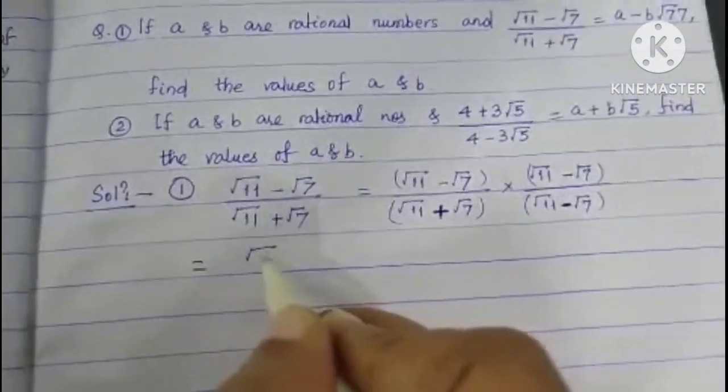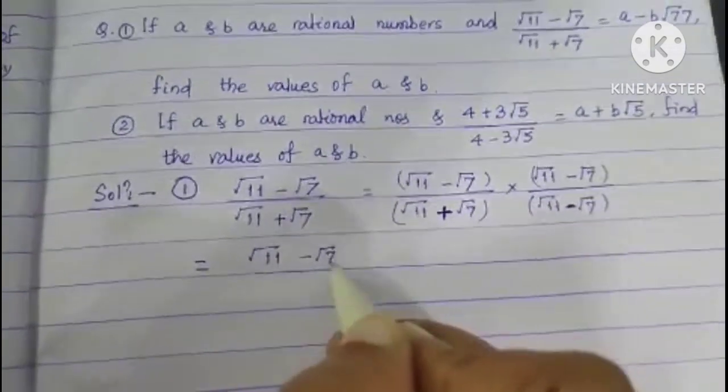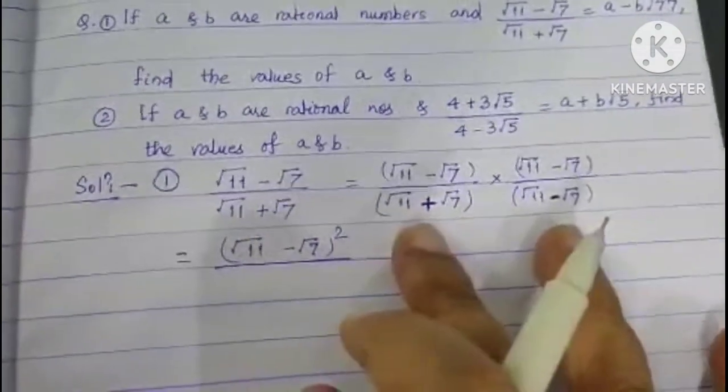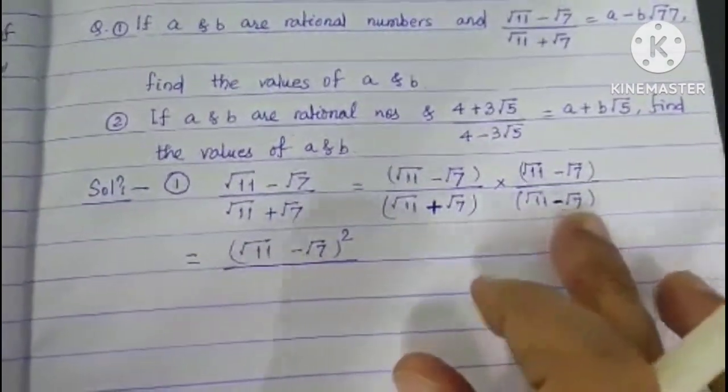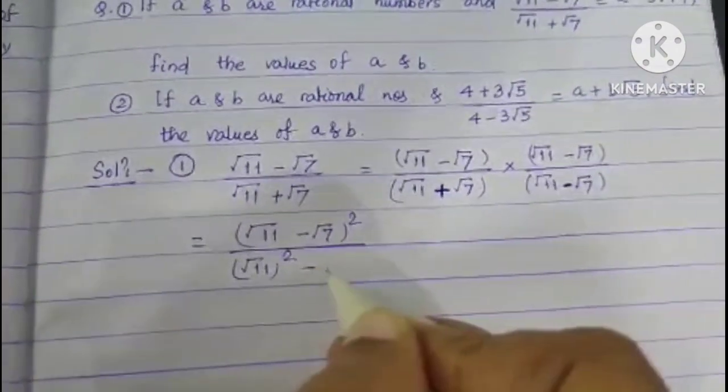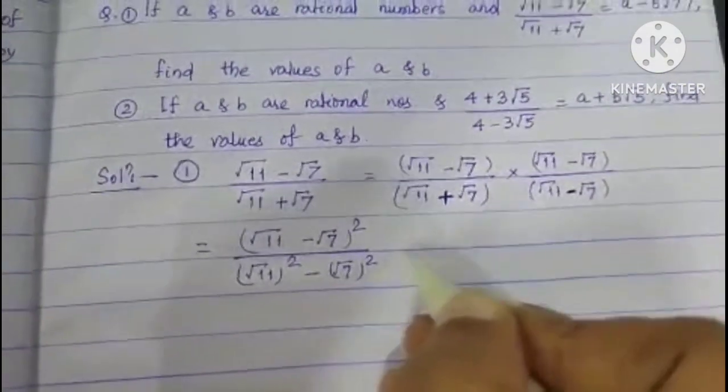So in the numerator we will have (root 11 minus root 7) whole square, both are same, and divided by this one, which will be (a plus b)(a minus b), so a square minus b square. A square will be root 11 square, b square will be root 7 square.